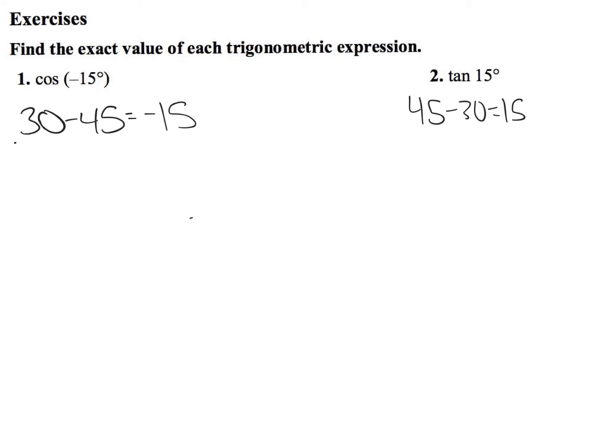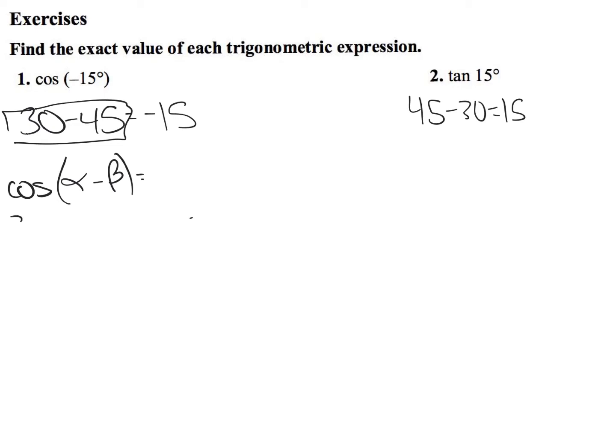So we're going to take the knowledge that this is 30 minus 45 and use our sum and difference identities, which in this case we're going to use a difference because we're going to be subtracting. The difference identity for cosine is cosine of alpha minus beta, and that's just saying 30 minus 45.